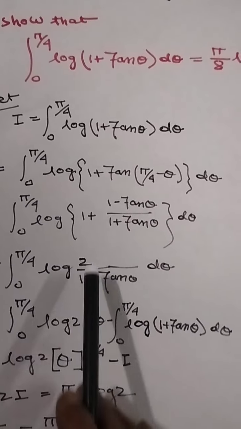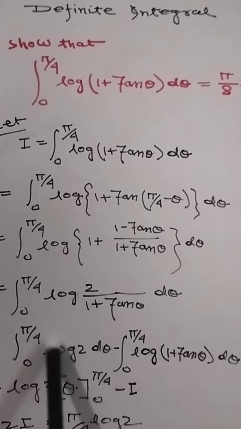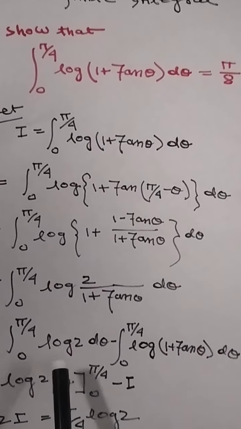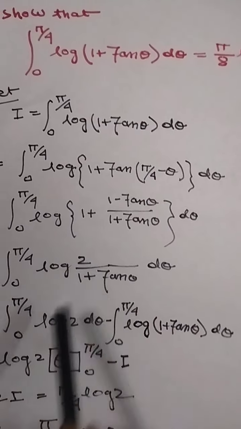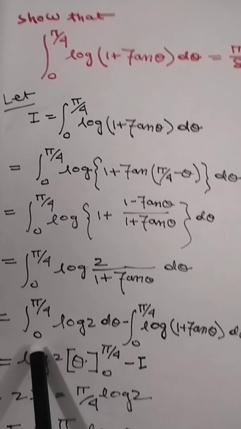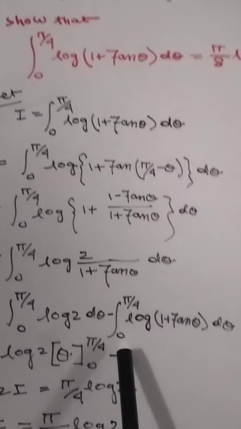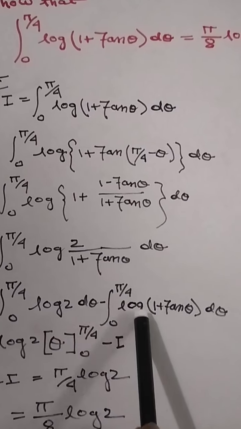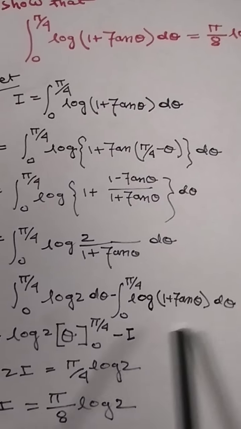Now as per the log formula, log a by b equals log a minus log b, so this is the integral of log 2 d theta from 0 to pi by 4 minus the integral from 0 to pi by 4 of log(1 plus tan theta) d theta.